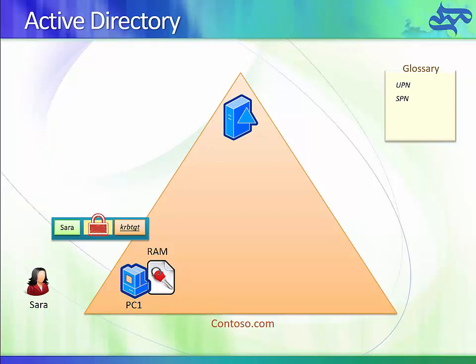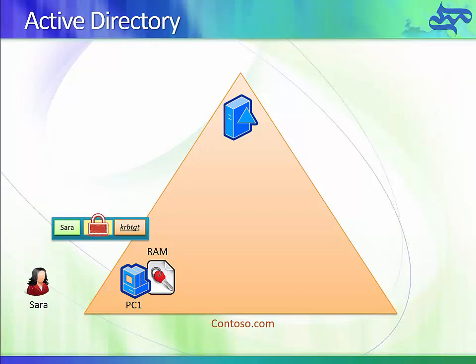There are two principal names that are always used with Active Directory Kerberos: the first is UPN, and the second is SPN. The part which is encrypted within the packet is called the authenticator. The whole packet is called the KRB_AS_REQ, which means Kerberos Authentication Service request. This is going to be the first ticket of Kerberos.